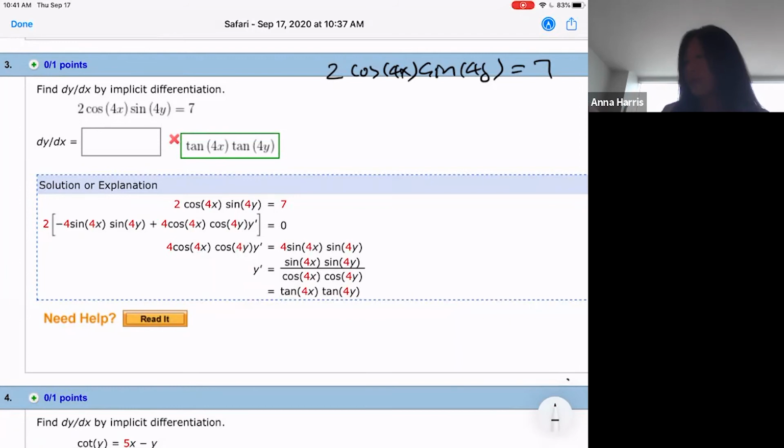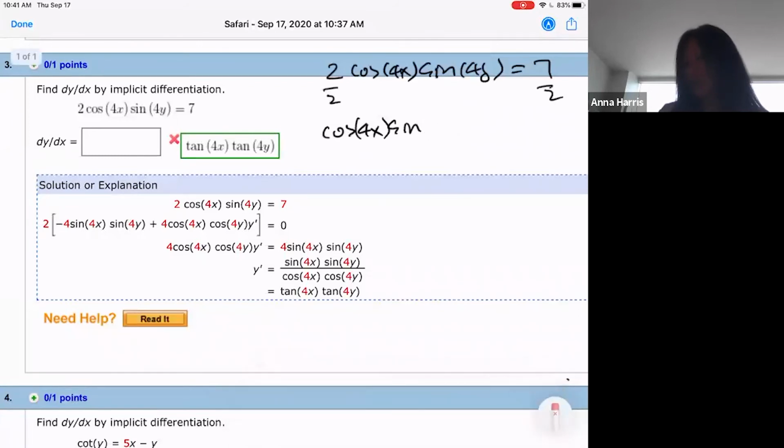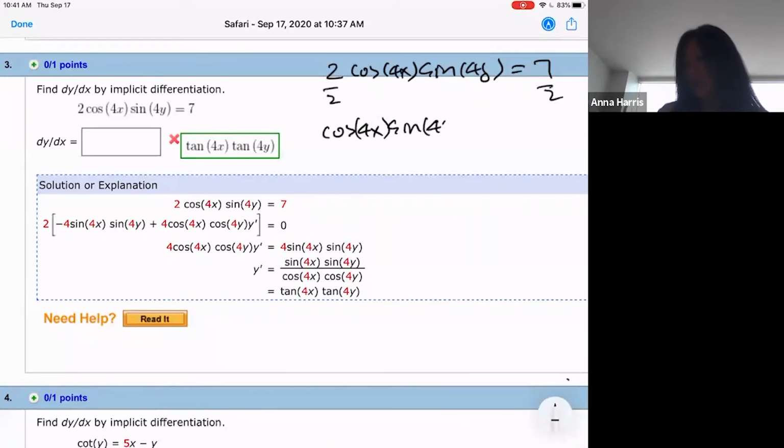So let me just divide it by 2 first here, because I don't want that number to be right there. So I have then cosine 4x sine 4y equal to 7 over 2, all right, that's what we have.